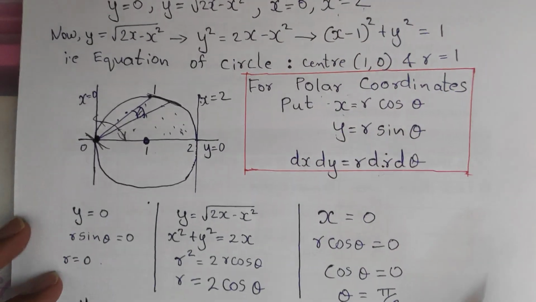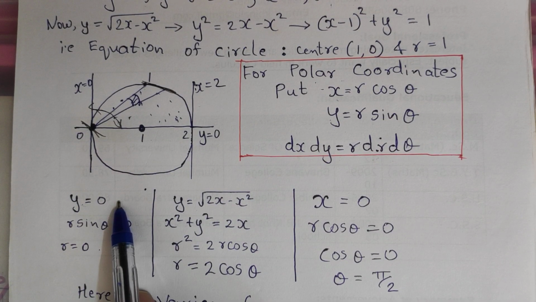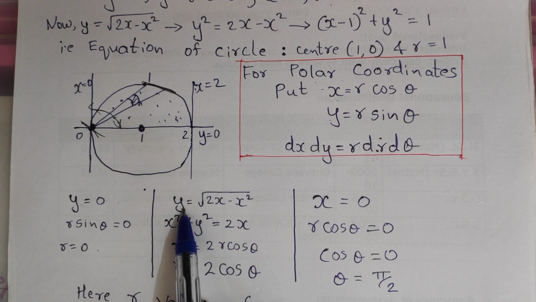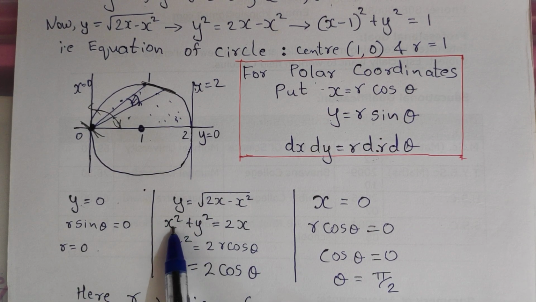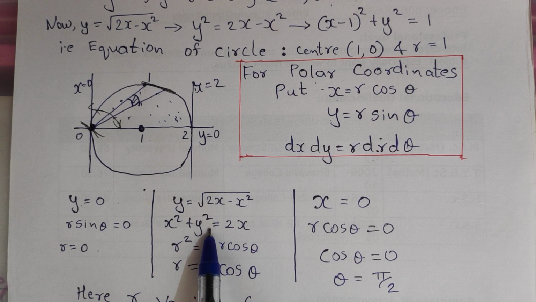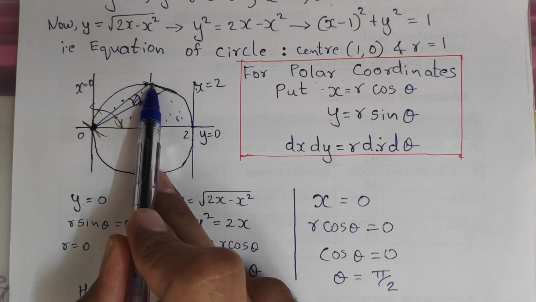So using the limits, we can find out limits in polar form. From the first limit, y equals 0, we get r equals 0. This is my equation of circle. When I substitute x and y in this equation, I'll get r square as 2r cos theta. So r is 2 cos theta. So this limit is 2 cos theta. So r will vary from 0 to 2 cos theta.